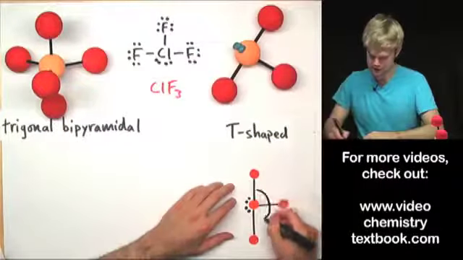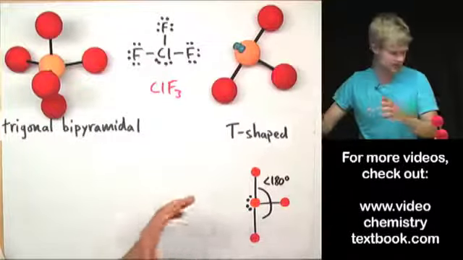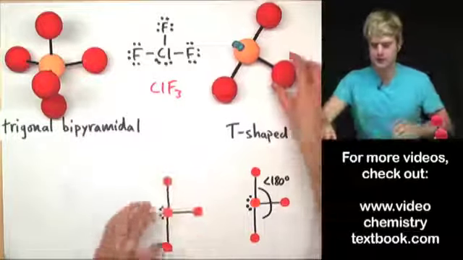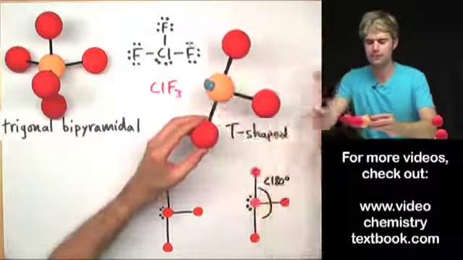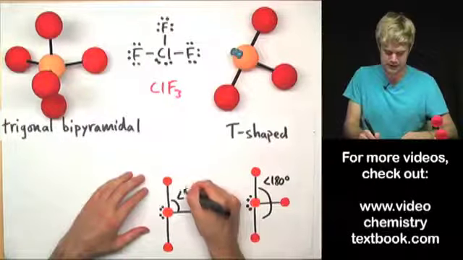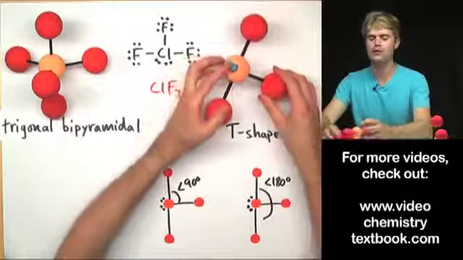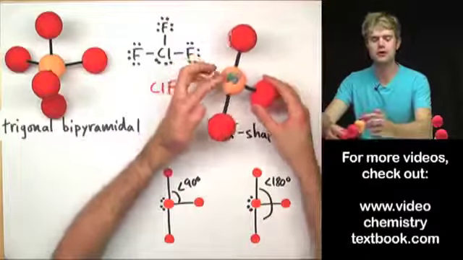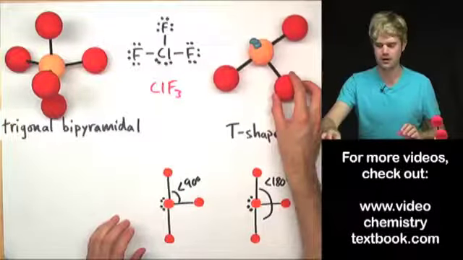So that means that this angle is going to be a little bit less than 180 degrees. And it also means that this angle from the axial to the equatorial, because these are bending in, is going to be a little less than 90 degrees, all because of the repulsion coming from these unshared electron pairs. So that's what you want to keep in mind with a T-shaped molecule.